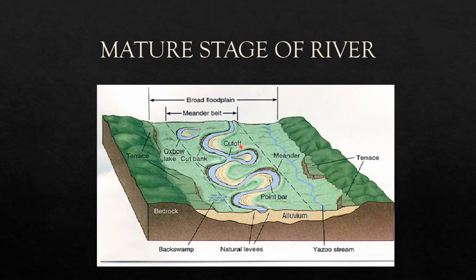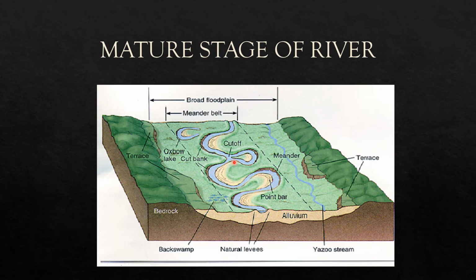Let's say if the gradient is very low, it is hard for it to carry all the sediments, so it will keep the sediments there and move on. So the roughness of the channel and the gradient also help decide the shape of the meander, and how much the river is going to meander to move on, because it cannot carry all the sediments with the amount of energy it has at that time.